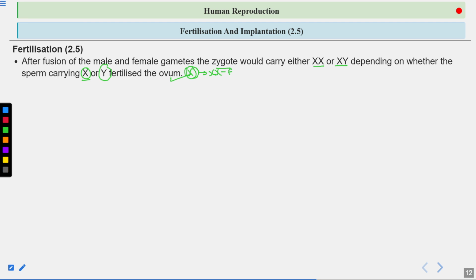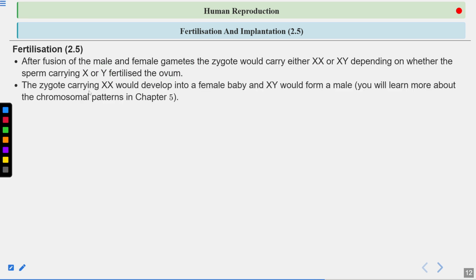When the sperm having the Y chromosome fuses with the ovum having the X chromosome, it will develop into a male. A zygote containing XX would develop into a female baby and XY would form a male.